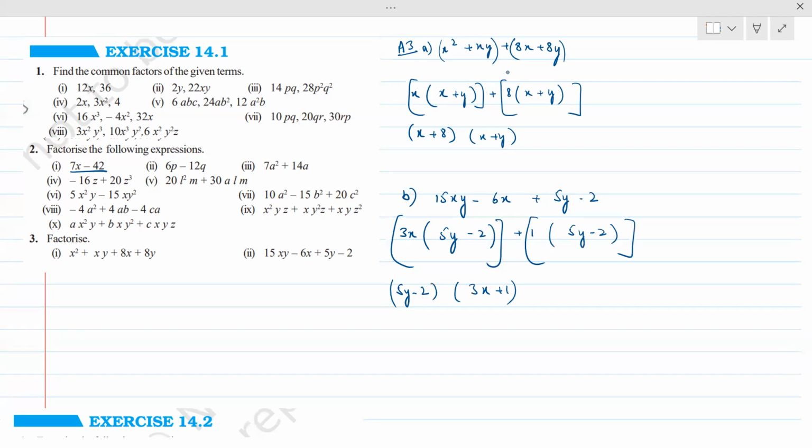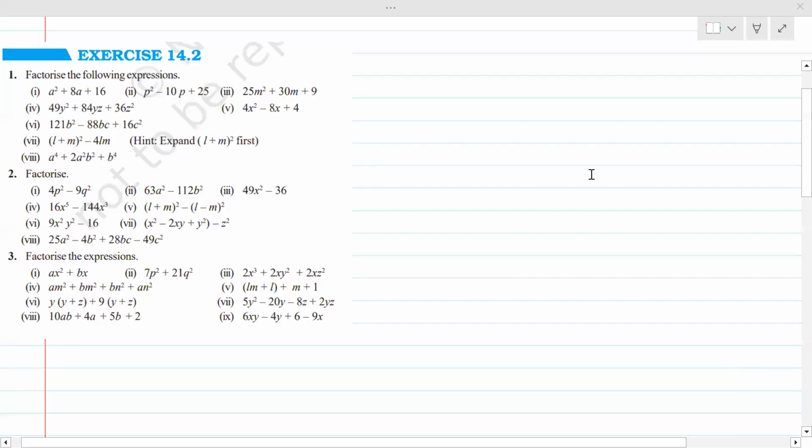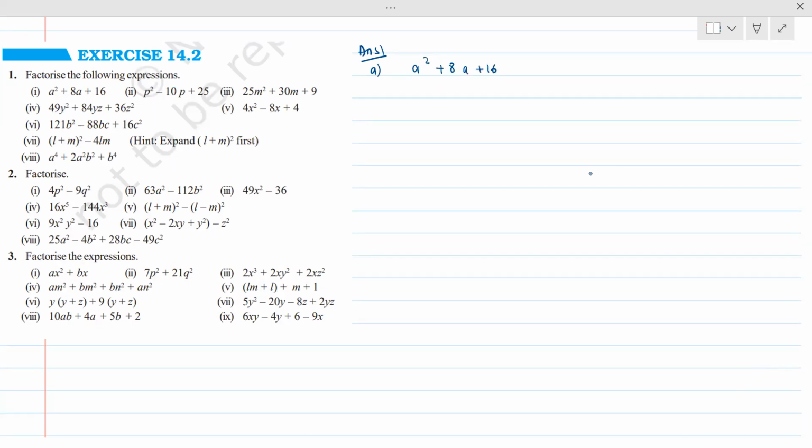Now coming to another exercise. In exercise 14.2, we also have to factorize everything. We can use the identities if any are applicable. We can use the middle term splitting if anything is applicable. Let's say the answer 1. First part, a square plus 8a plus 16. We can write it as a square plus 2 into 4 into a plus 4 square.